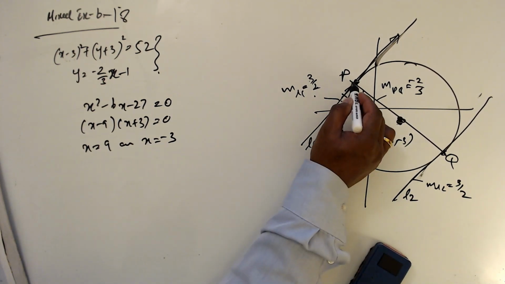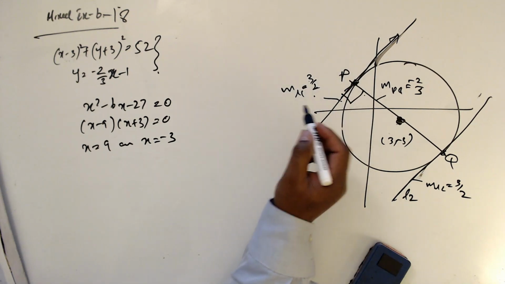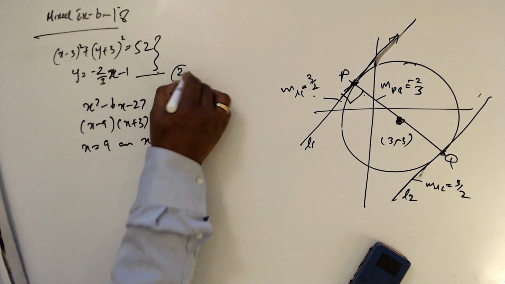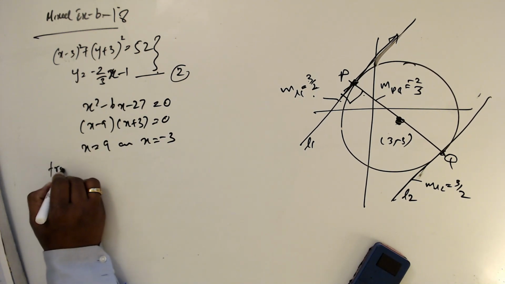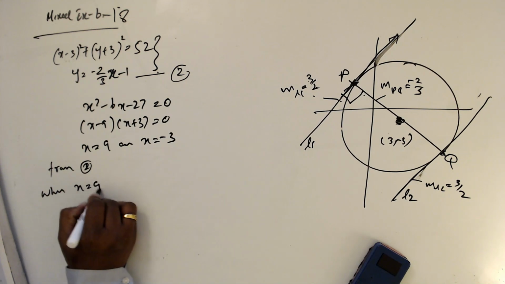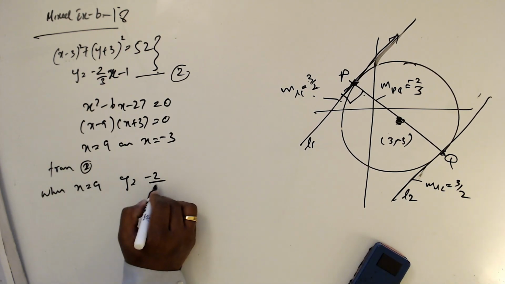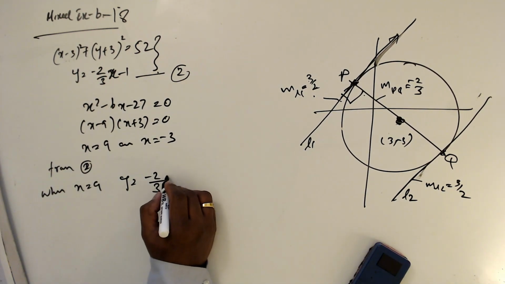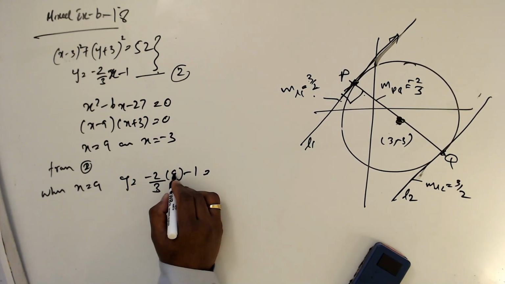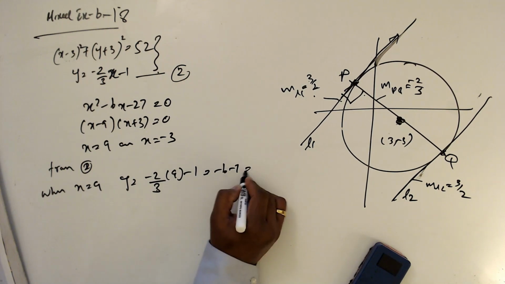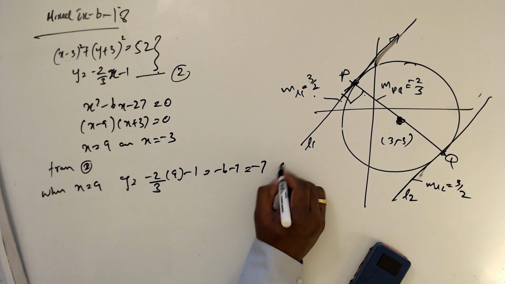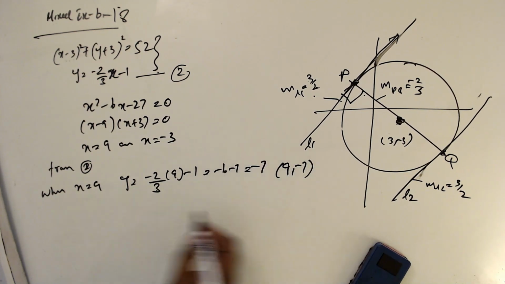Now we have two values, 9 and minus 3. Now from equation 2, when x equals 9, y equals minus 2 over 3 times 9 minus 1. 3 times 3 is 9, minus 6 minus 1 is minus 7. So that is going to be (9, minus 7).